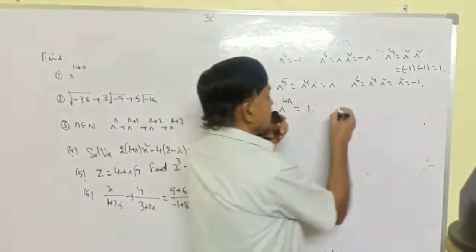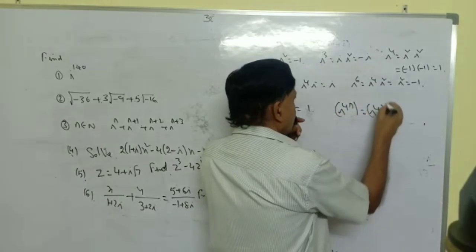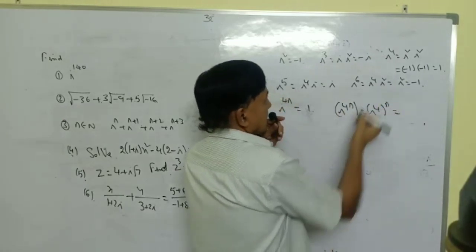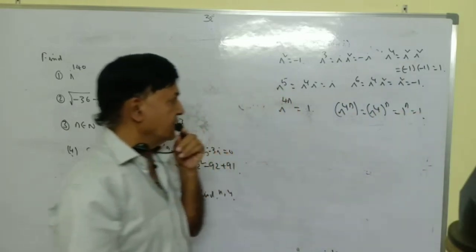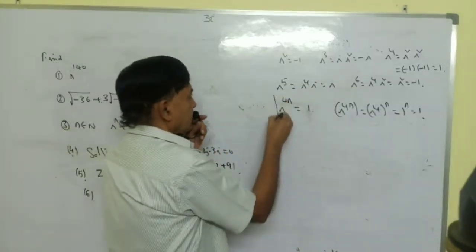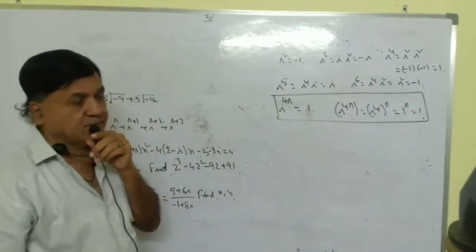Why? Because i power 4n is equal to i power 4 whole power n. i power 4 is 1, so 1 power n is 1. So i power 4n is always equivalent to 1.